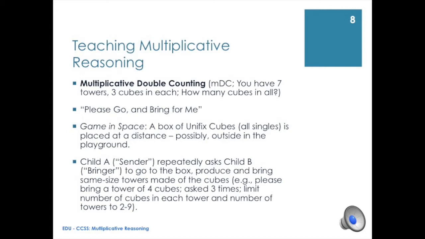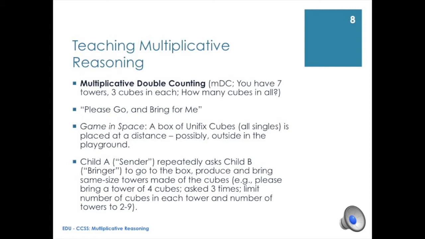What's important, though, as you can imagine, is that kids playing this game might want to say, go and make a tower of 52 cubes and do that 15 times. So we don't really want that to happen. So we suggest limiting the number of cubes in each tower that the sender can use, and also the number of times that they send the bringer, to somewhere between 2 and 9.